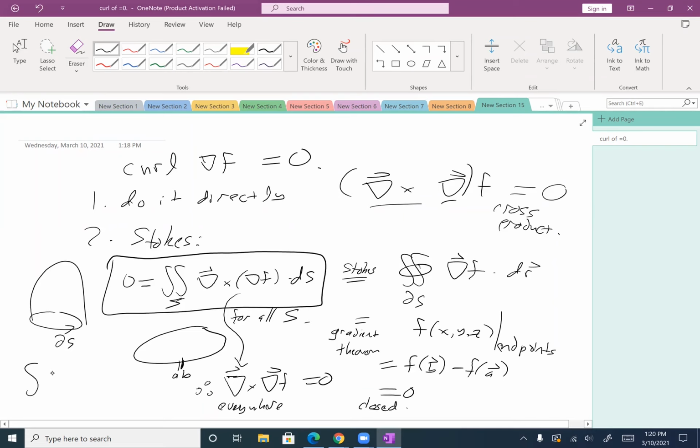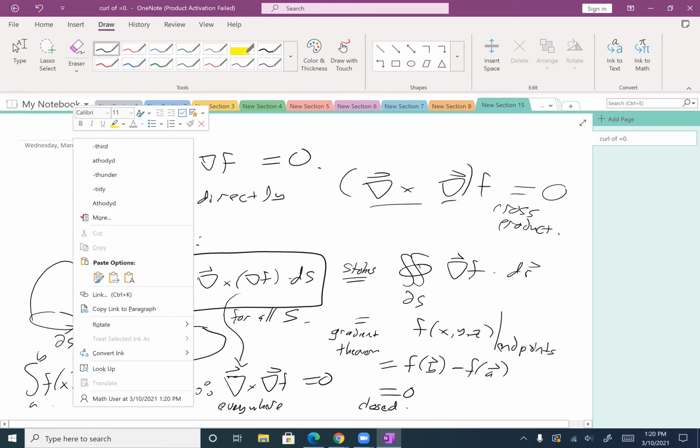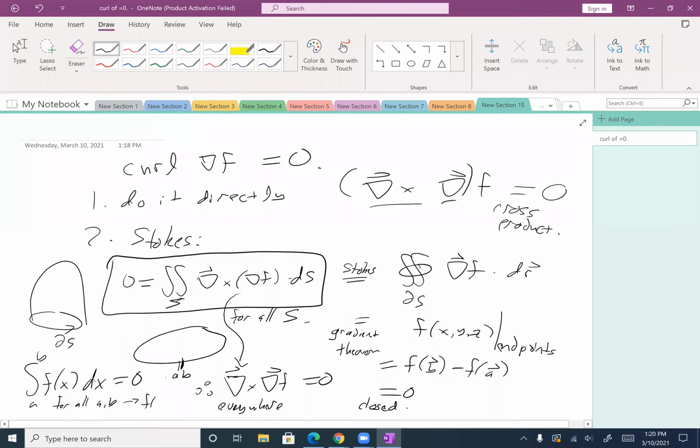Right, this is like saying that if you take the integral of f of x from a to b for all a and b, surely that means that f of x is equal to 0 everywhere, because I can make that interval as small as I like.